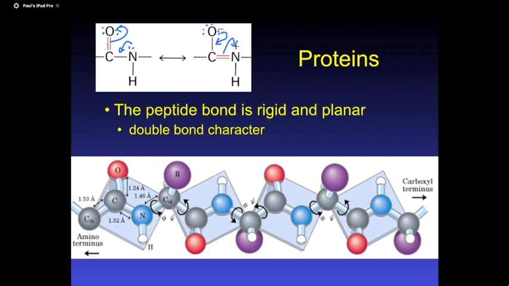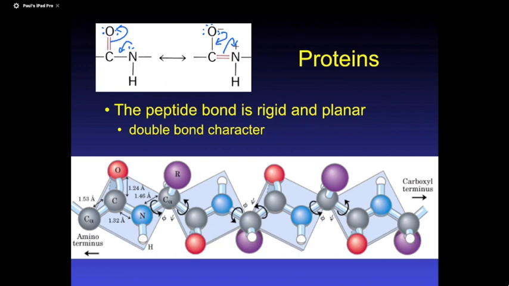Normally, a carbon to nitrogen single bond allows rotation. Single bonds you can rotate. But what happens if you have a double bond between a carbon and nitrogen? Can it rotate? No. I don't have a single bond here. I don't have a double bond here. I have a partial double bond. What does that do to the rotation around that bond? We know what happens with single. We know what happens with double.